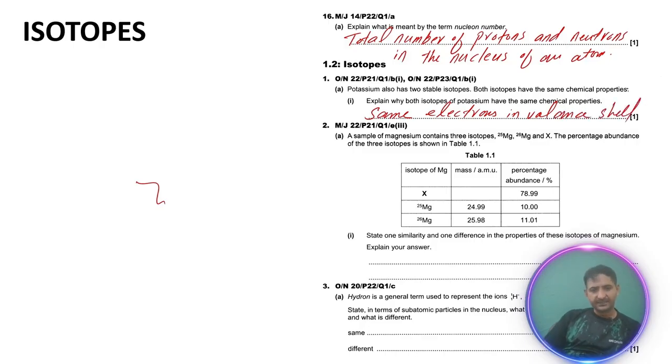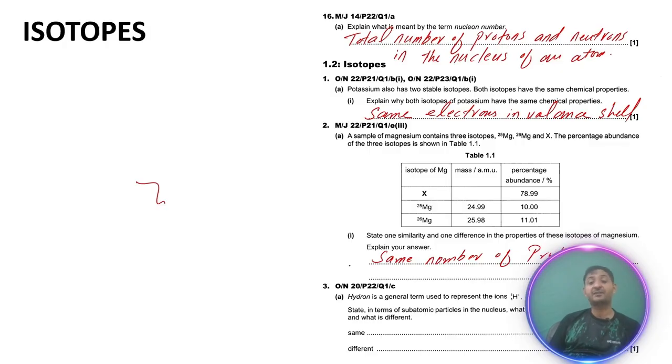Okay, a sample of magnesium contains 3 isotopes, and the percentage abundance is also given here. State one similarity and one difference in the properties of these isotopes of magnesium. The similarity: they have the same number of protons.